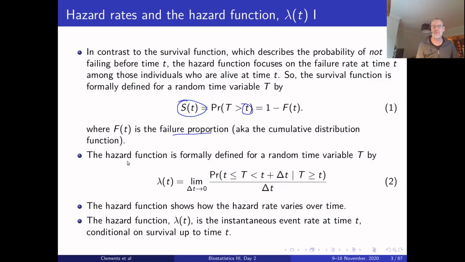And we've also already defined the hazard function as the limit as delta t becomes smaller and smaller of the risk of having the event between t and t plus delta t as an instantaneous risk, but conditional on not having the event prior to t. The hazard function shows how the hazard rate varies over time, and it can be considered the instantaneous event rate at time t, importantly, conditional on survival up to time t.